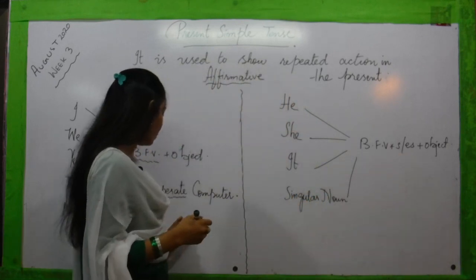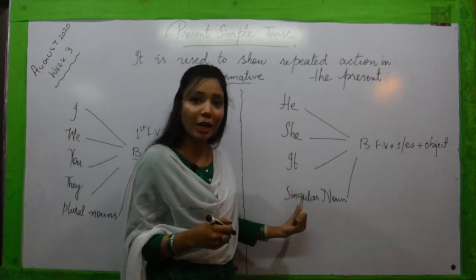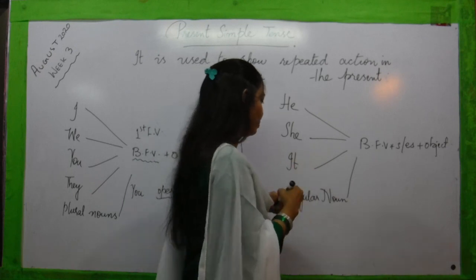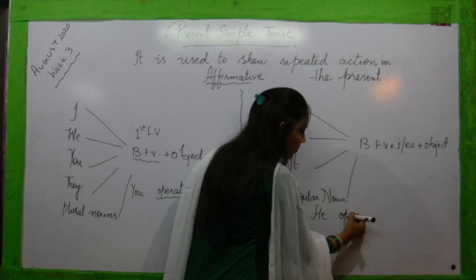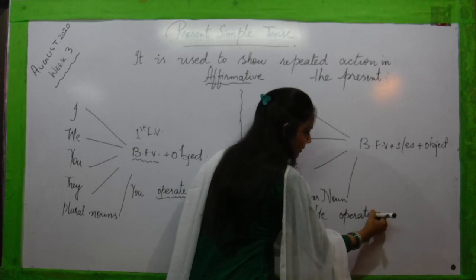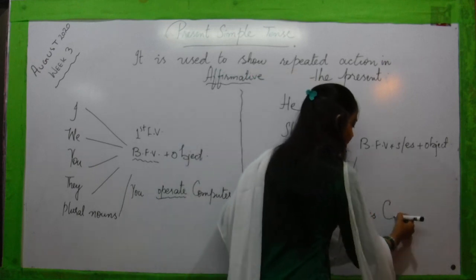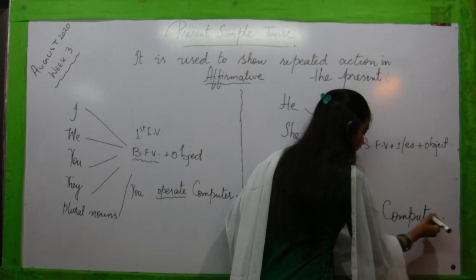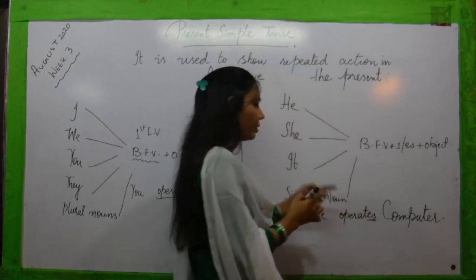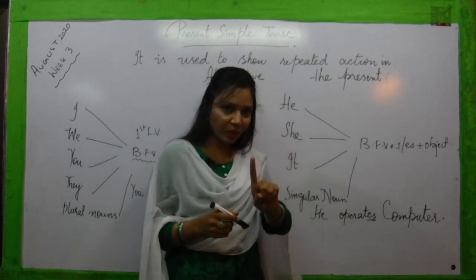Here we have only, you operate computer. But when we write the same sentence using a subject from here, we would say, he operates computer. Okay, so this is the difference. Keep this in your mind.